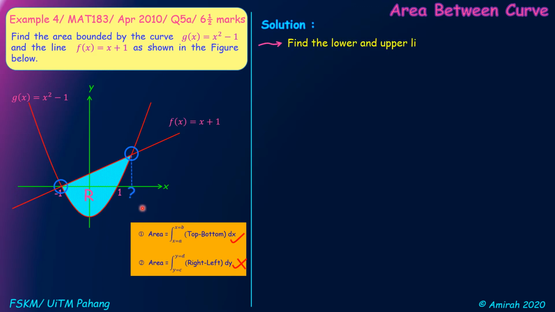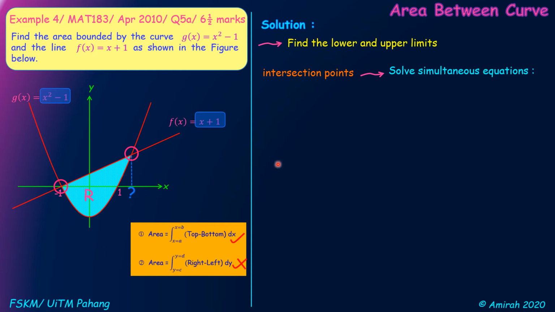To find the lower and upper limit, we are already given the lower limit actually. From the intersection point, we can solve the simultaneous equations between the curve and the line. We can equate them because the curve g(x) and the line f(x) intersect at this point.